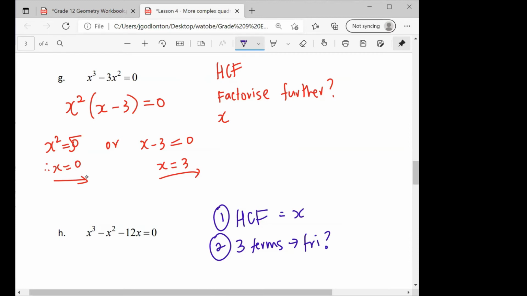Look for your factor pairs. Find the ones that give you the right number. Put them into your brackets.